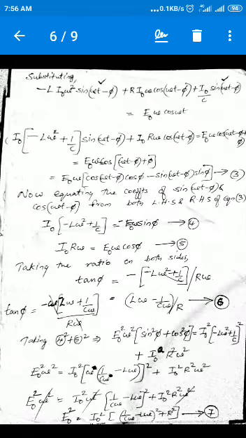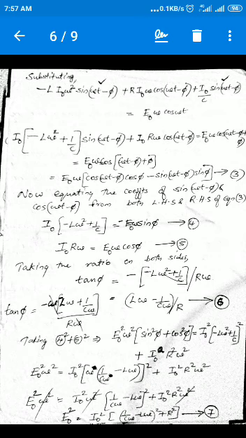Substituting all those values, you will get the equation like this: minus L I0 omega square sin omega t minus phi plus R into I0 omega cos omega t minus phi plus I0 by C sin omega t minus phi.